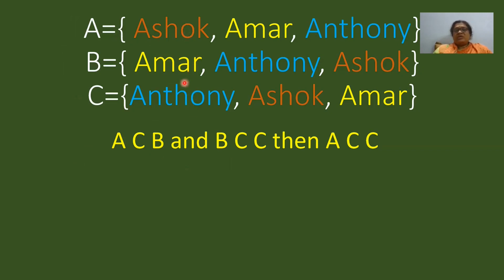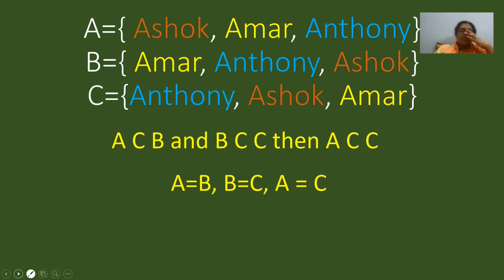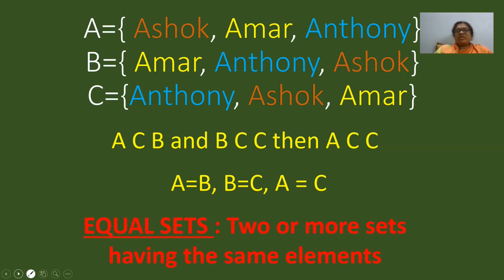But what happened? Just the names were shuffled. The position of the elements is shuffled, that's all. So you can say that A is equal to B and B is equal to C, therefore A is equal to C.